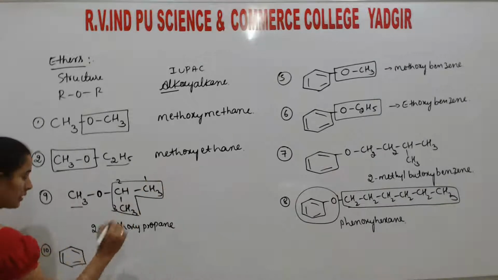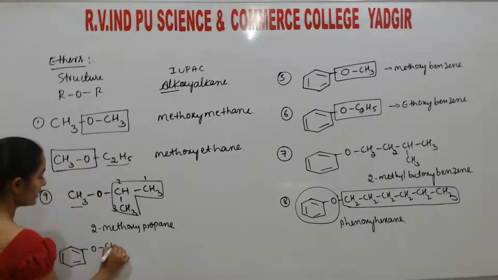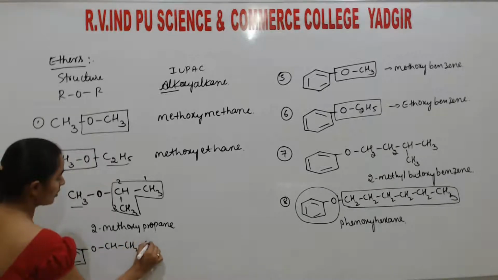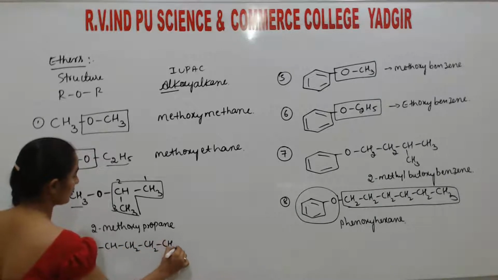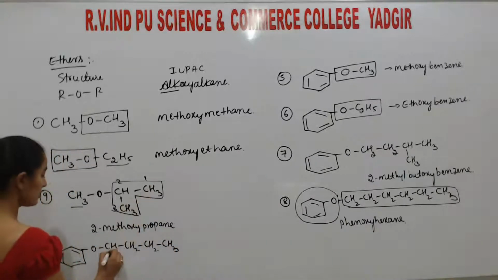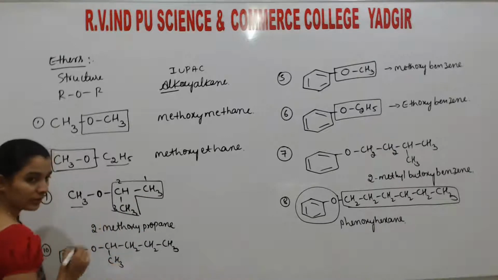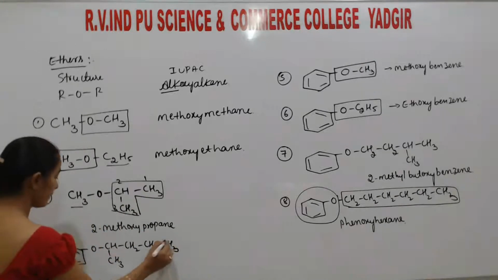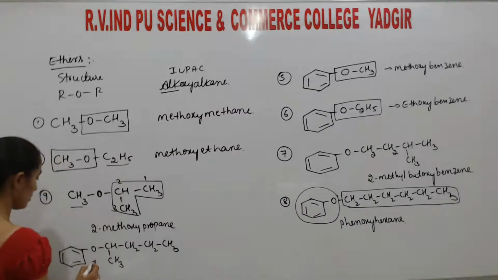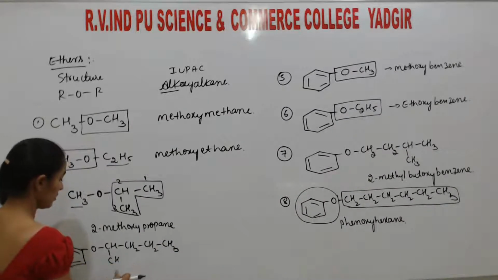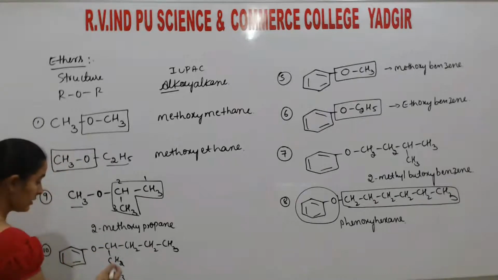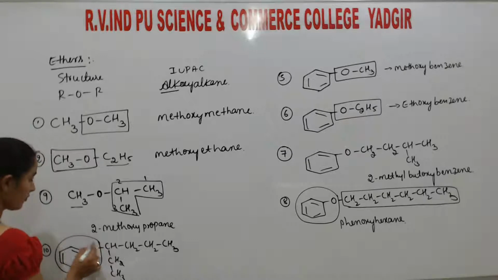To this benzene ring, I take the same compound CO, but instead of CH3 there, if it is attached here like this, then of course this one is CH2, CH3. Here 1, 2, 3, 4, 5, 6 carbon atoms are there. Here also 6 carbon atoms. This is the functional group.